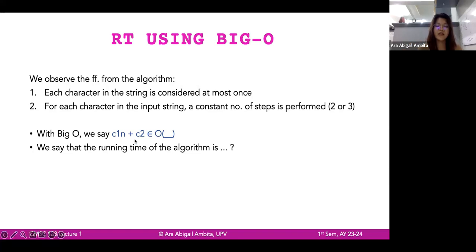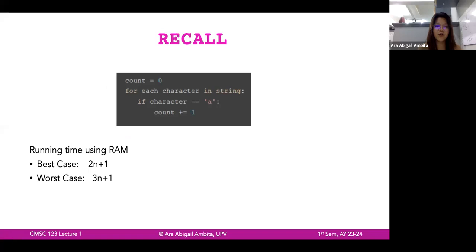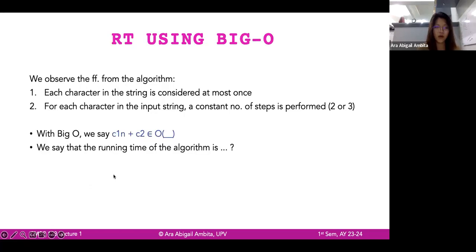This is just a generalized form of the running times that we have achieved here. We had 2n plus 1, for example, so the C1 here will be 2, and the C2 is 1. But if it's worst case, then the C1 is 3 and the C2 is 1.